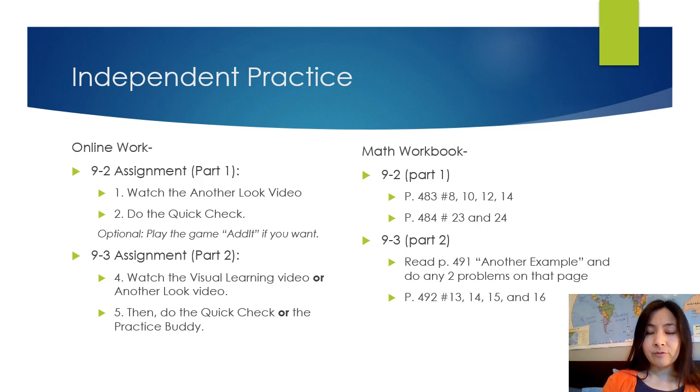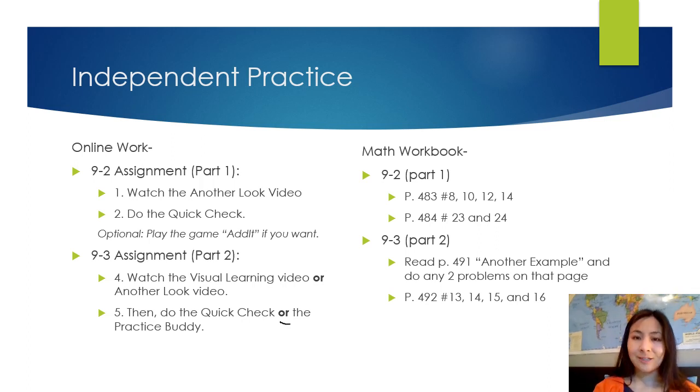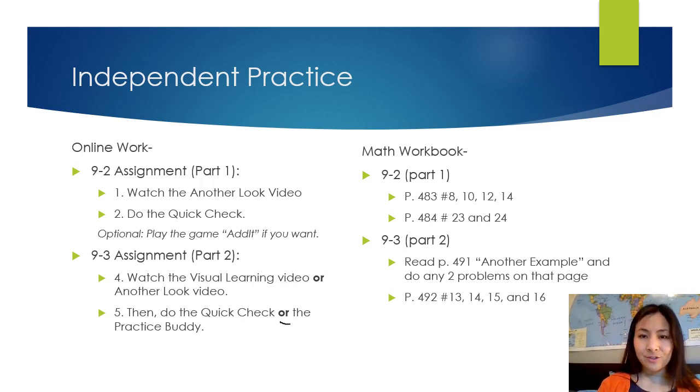At that point, for the practice for 9-3, you can do the quick check or the practice buddy. At that point, if you have time and you skipped the game, you can go back into your 9-2 assignment, find it there, and try playing it. All right, so that's it for the online work. I'll be sure to check and see your progress and what you've completed.